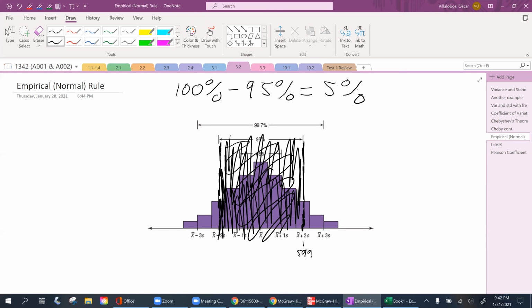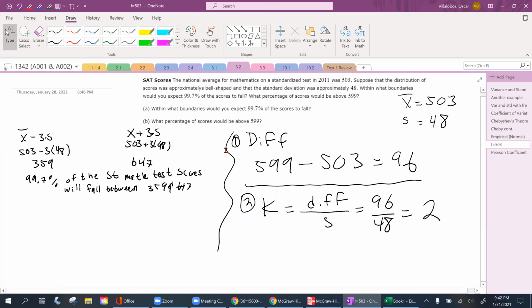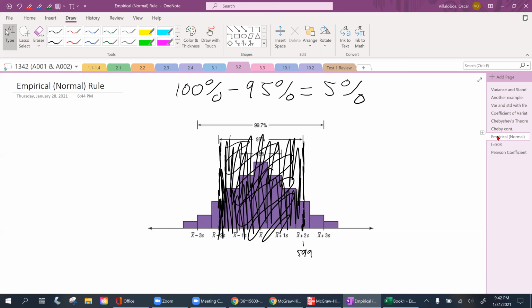And let's be careful here. Let's go back to the question: what percentage of the scores would be above 599? So this 5% is above 599 and below another score to the left. But since this is symmetrical, what's half of 5?